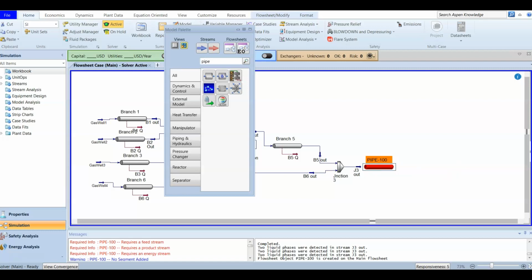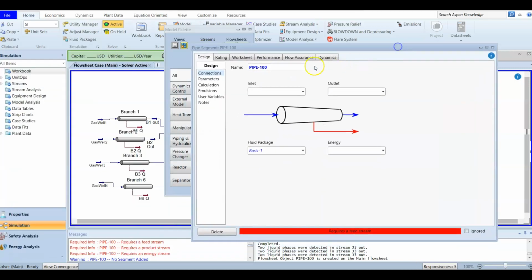Okay, there are a lot of branches, so I think we reached branch number 6 or 7. Okay, so this is branch number 6, so this is branch number 7, and the inlet in this case we have only one stream, which is J3 out, and the outlet will be P7 out, and the energy will be P7Q.